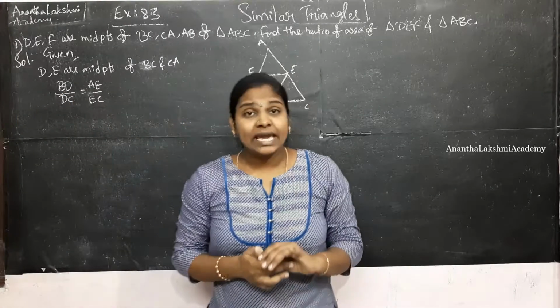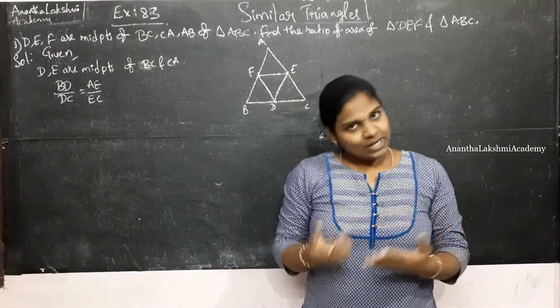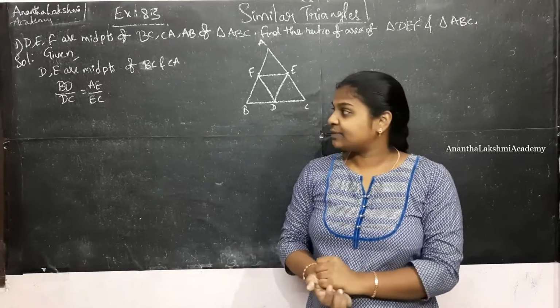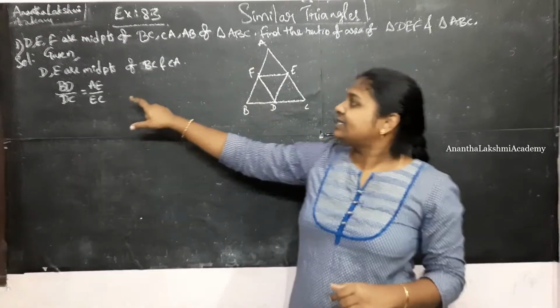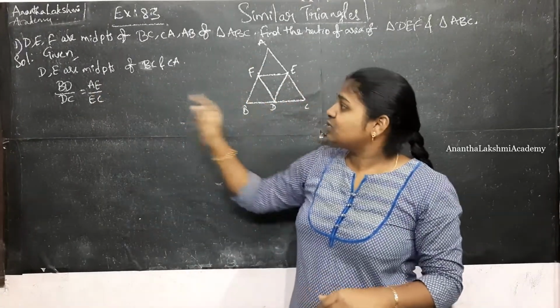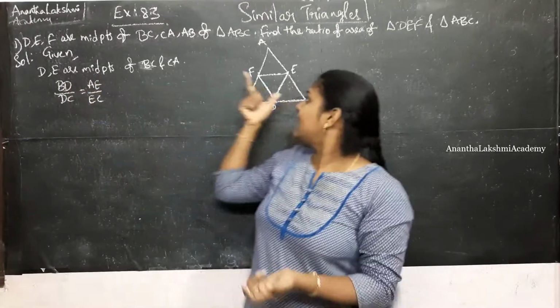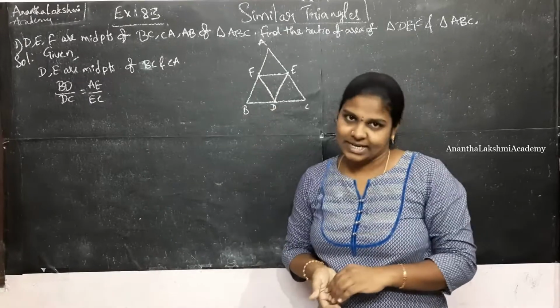Now, we have a theorem called basic proportionality theorem, and we also have a theorem, converse of basic proportionality theorem. Converse of basic proportionality theorem states that when a line divides two sides of a triangle in the same ratio, then that particular line is parallel to the other side of the triangle.